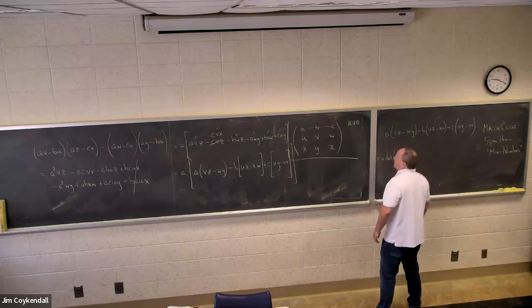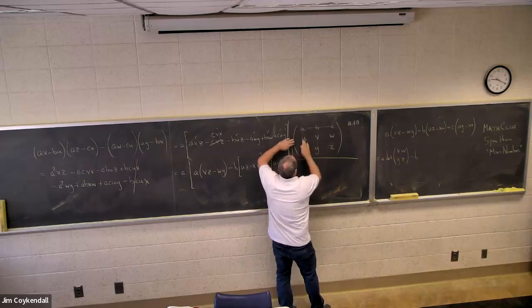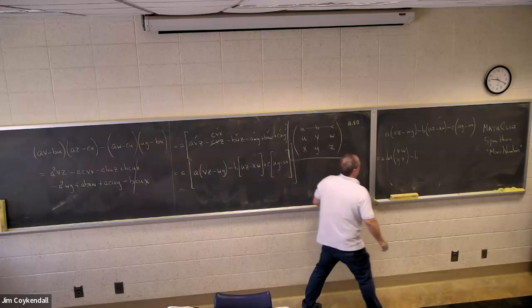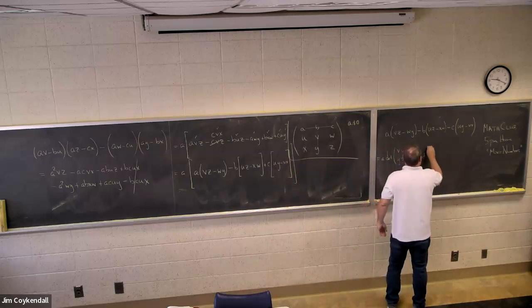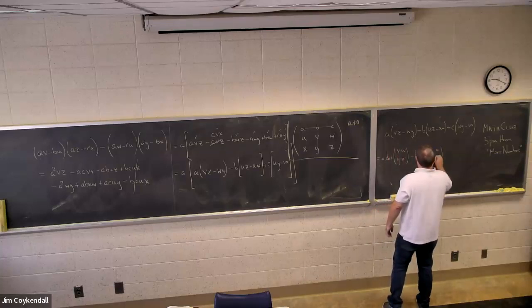Minus B. Well, if you take out this here, UZ minus XW, the matrix UW, XC.